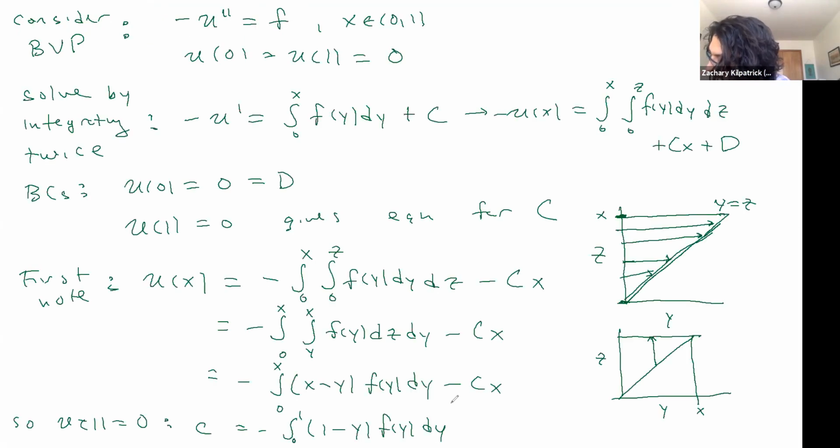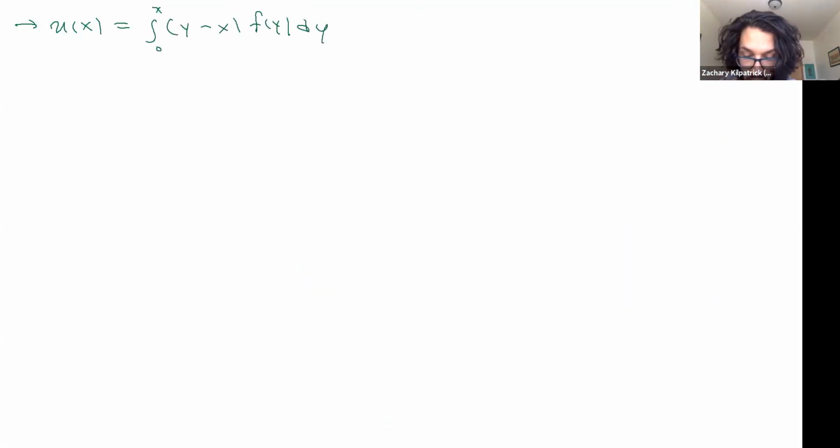I had a minus c of x. So now I can just multiply this whole thing by minus x, and I get something that I'm going to add on, which is plus the integral from 0 to 1. I'm going to pull the x inside: (1 minus y) f of y dy. Okay.